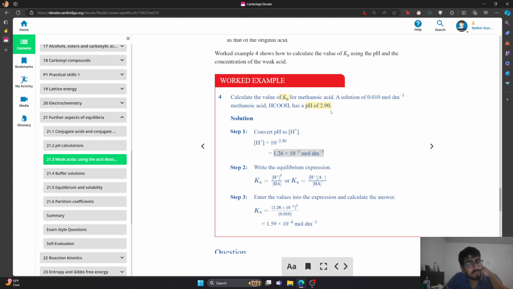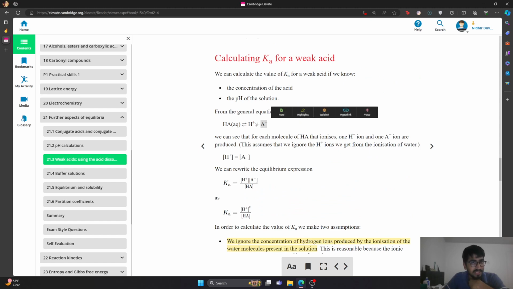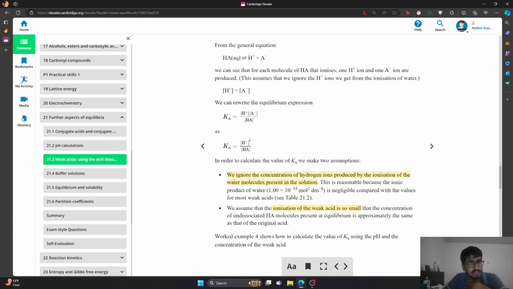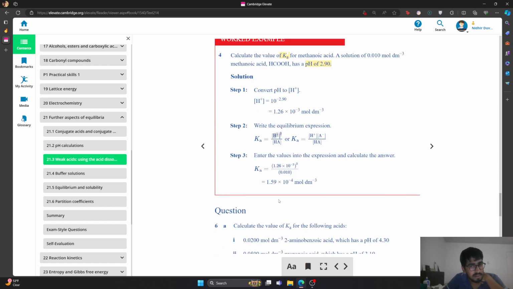And once you have figured out H concentration, you know that because there is only one thing present, which is methanoic acid, it breaks off in a way that H plus and A minus will have the same concentration, because the source of A minus and the source of H plus is the same, and they are produced in the ratio 1 to 1. So if H plus has some concentration, then A minus will also have the same concentration. In that case, H plus times A minus can be written as just H plus square.